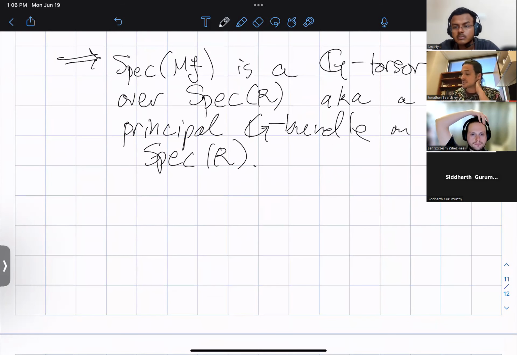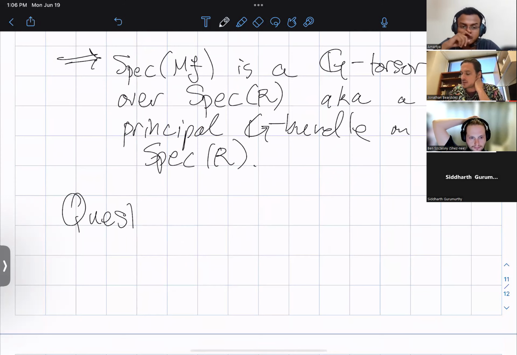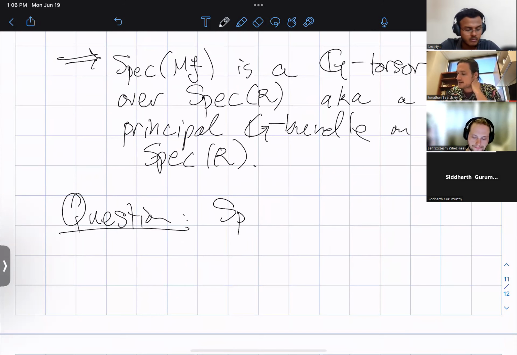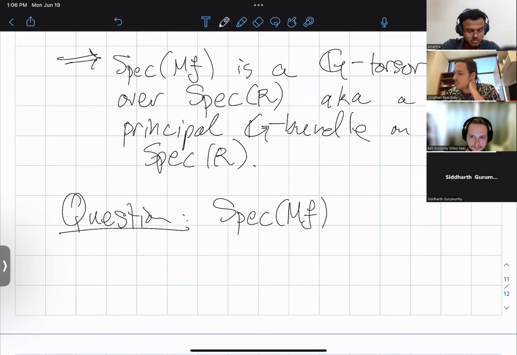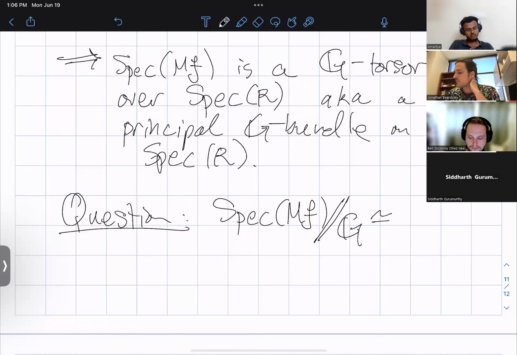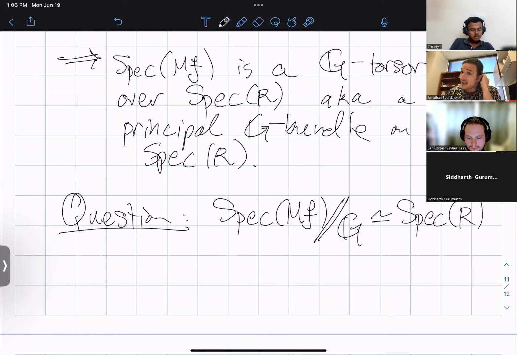And maybe the last thing I'll say is that we can ask the following question about a G-torsor: if I take the thing living over spec R and I take the quotient, and really here we mean the stacky quotient, the homotopy quotient of this action, do I get back the base space? Now you get this in general.